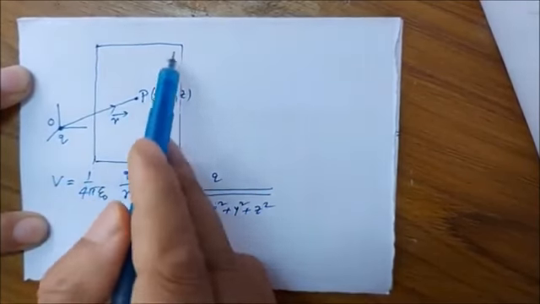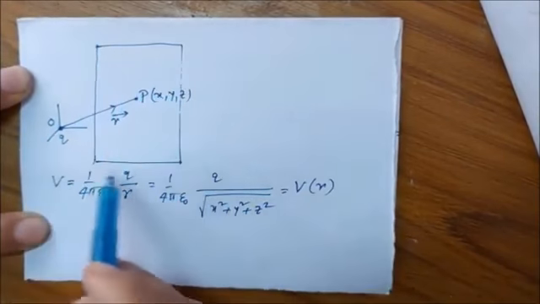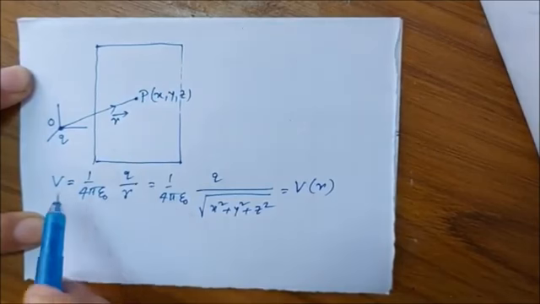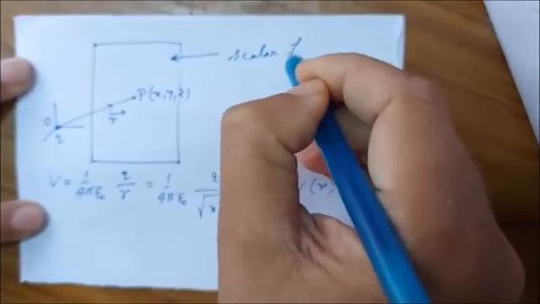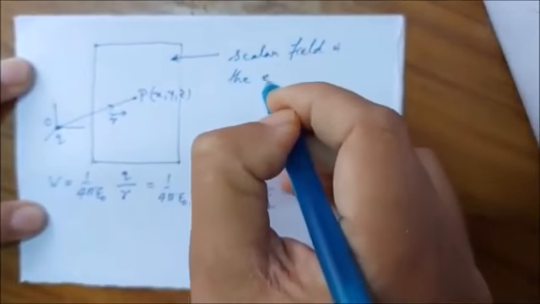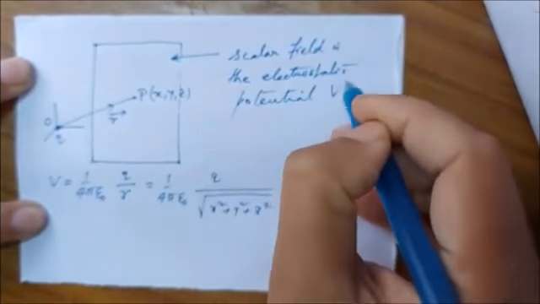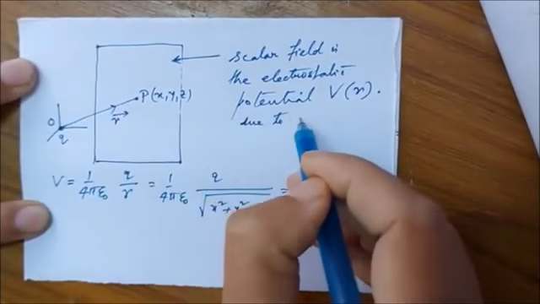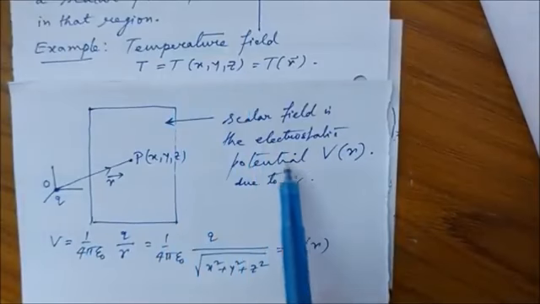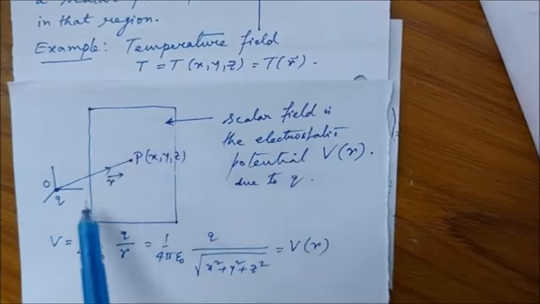Clearly, at each and every point in this region, we have a V. So we will say that in this region, a scalar field exists, and the scalar field is the electrostatic potential V due to the charge Q. So temperature field, electrostatic potential V, these are all examples of scalar field which are defined in a particular region of space. We now discuss vector field.